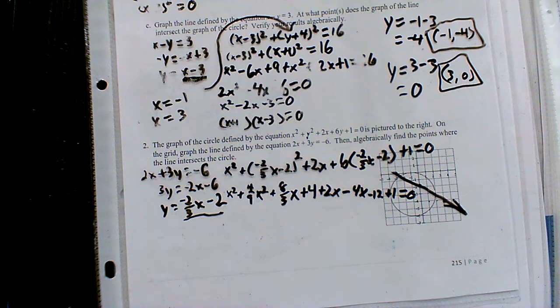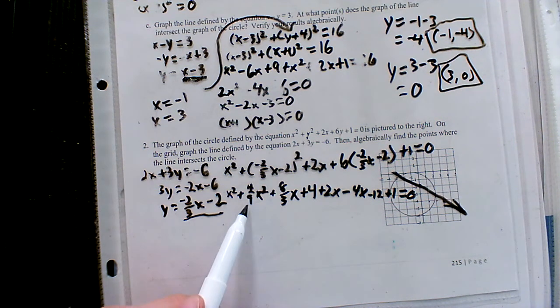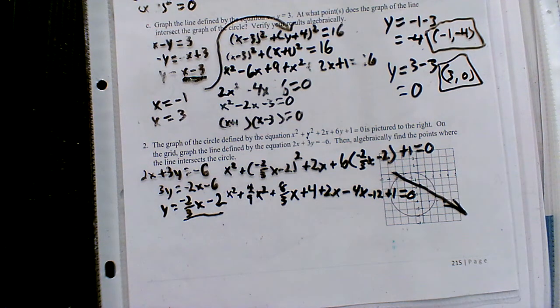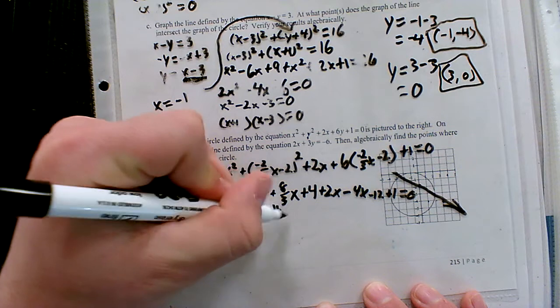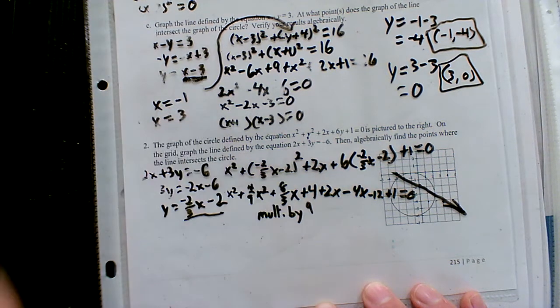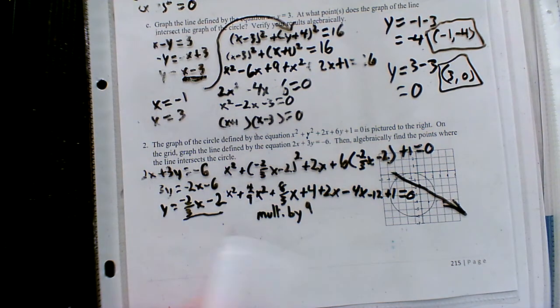So now we have the fractions. We have the denominator of 9 and denominator of 3. So what we can actually do to make these all whole numbers so we don't have to worry about finding common denominators is if we multiply everything by 9.